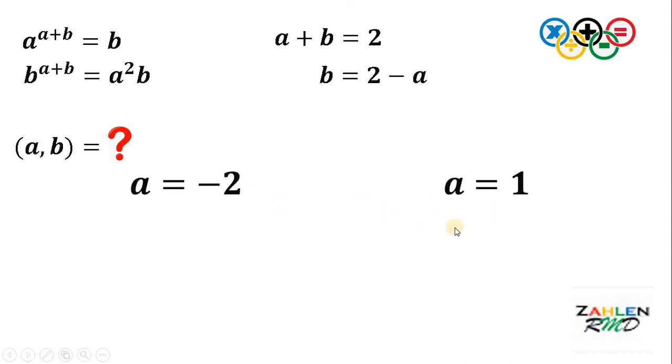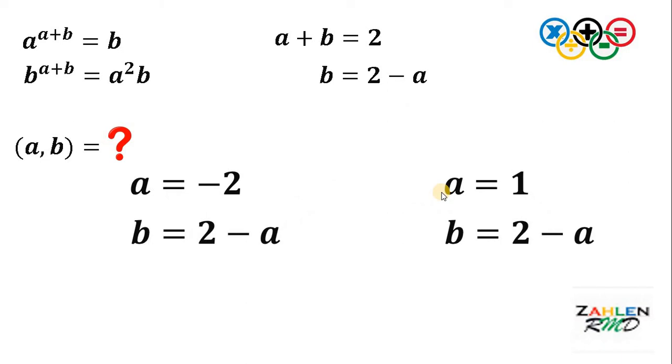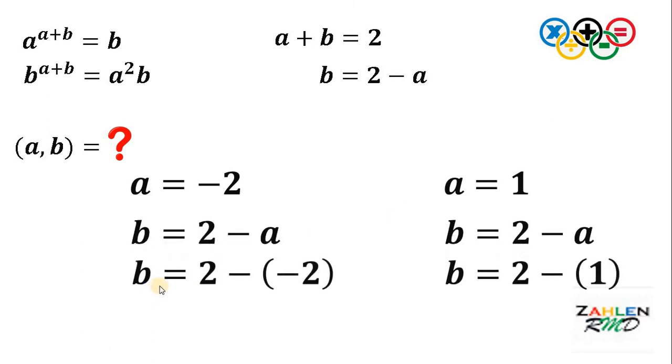Now we have two values for a. It follows that we also have two values for b. To find the value of b, what we're going to do is to use this equation b equals 2 minus a. Next, let's replace this a with negative 2 and the other a with 1. If we do that, we get on the first case, we have b equals 2 minus negative 2. On the second case, we have 2 minus 1.